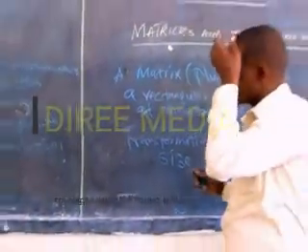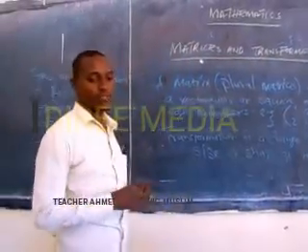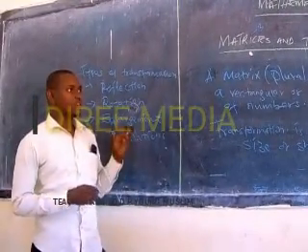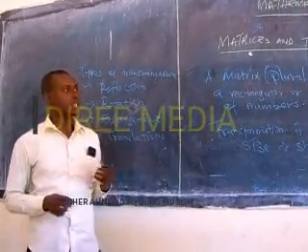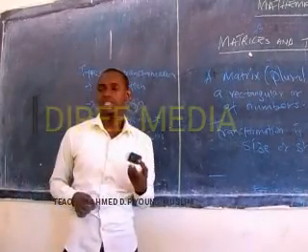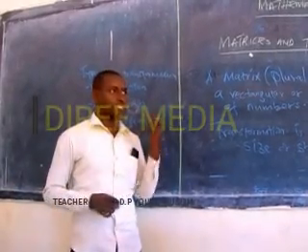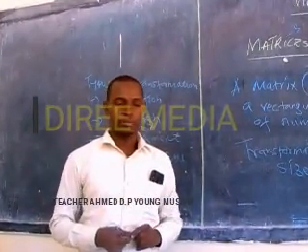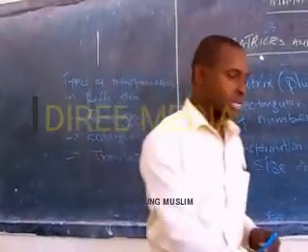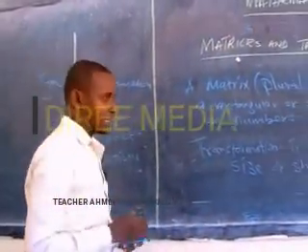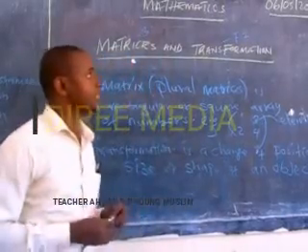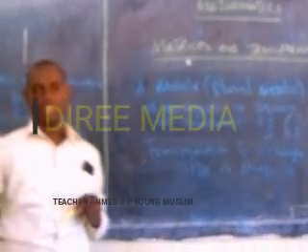And therefore, in this topic, I will be starting by finding the transformation of a matrix. In finding the transformation of a matrix, we are trying to see what kind of transformation a certain matrix is representing. So I want us to draw a Cartesian plane and identify a given matrix.